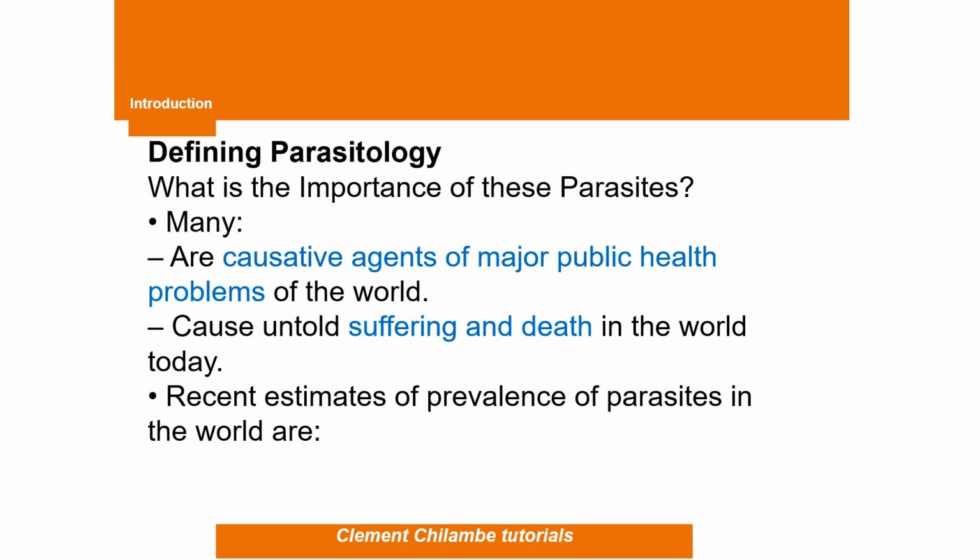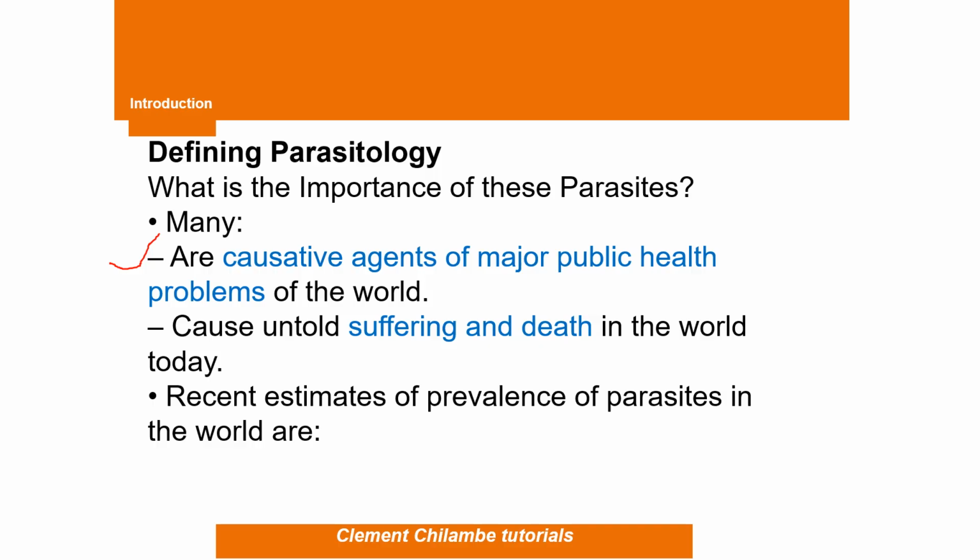Now, what is the importance of these parasites? We are talking about these parasites because they're important, right? What's the importance of these medical parasites? Number one, they are causative agents of major public health problems of the world.